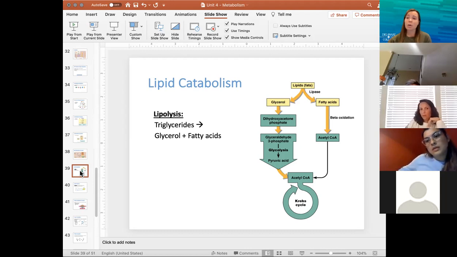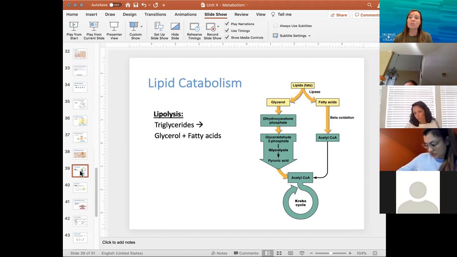Okay. And so that's all related to breaking down fats. That's lipolysis. Lipid anabolism is lipogenesis. So that will happen if you ingest more calories than you actually need. You will store as much of the excess glucose as you can as glycogen. Remember, we talked about that. If you have excess glucose, you're going to put them all together and make glycogen.